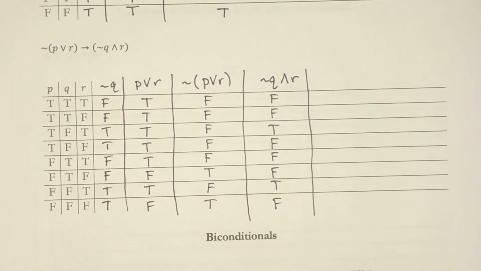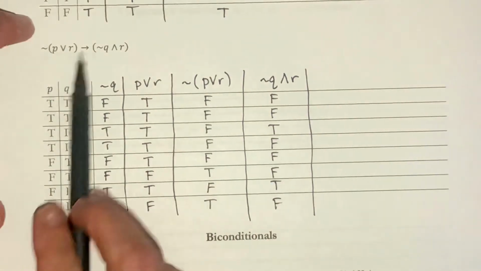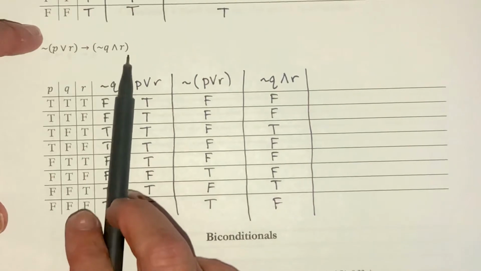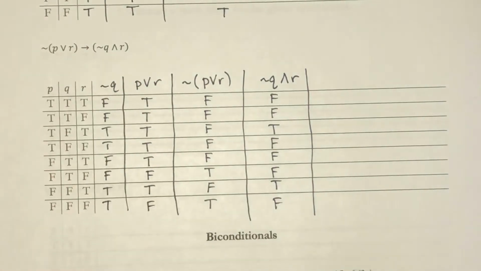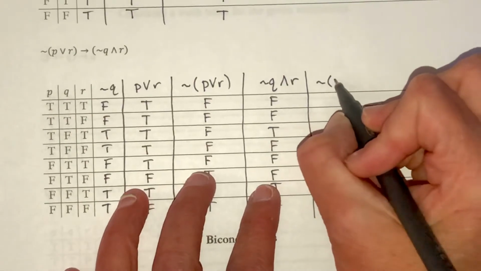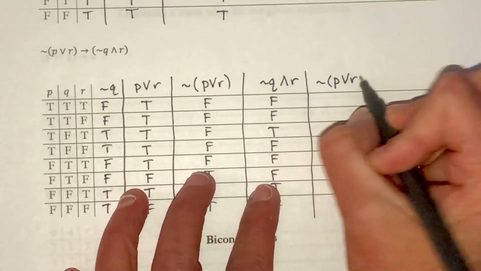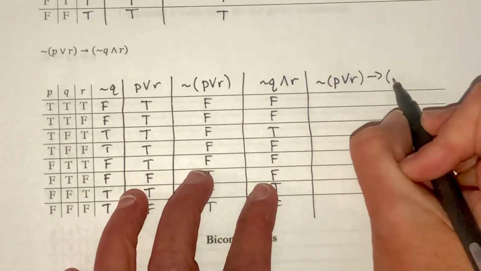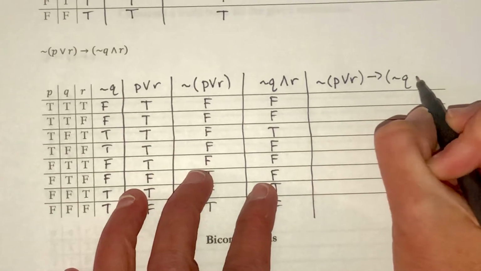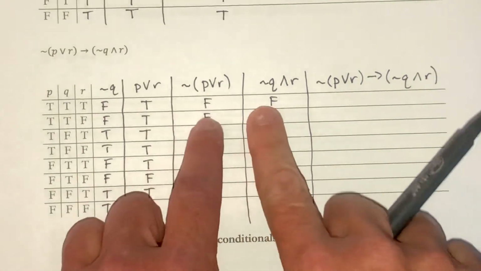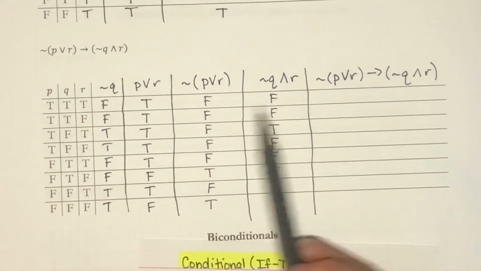So I have now figured out everything in front of the arrow, and this is everything after the arrow. So I'm finally able to do the conditional. I'm actually finally able to do the whole thing. Okay, so I'm looking at these two columns, and I need to make sure I'm going in the correct order.